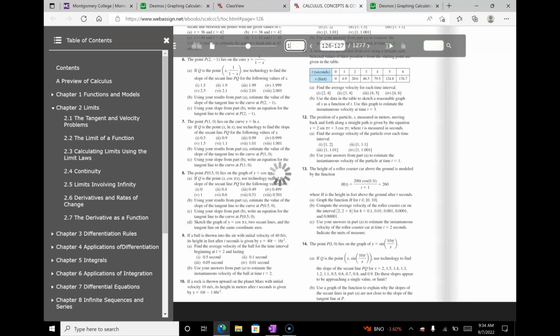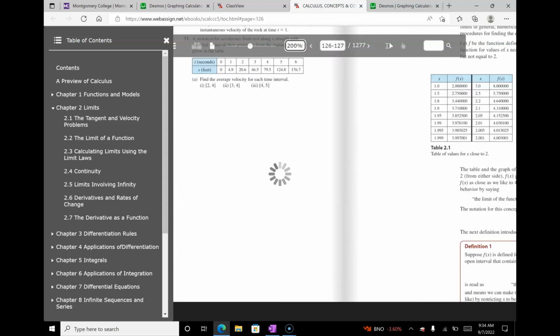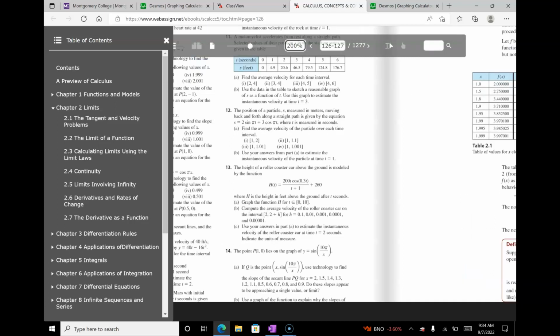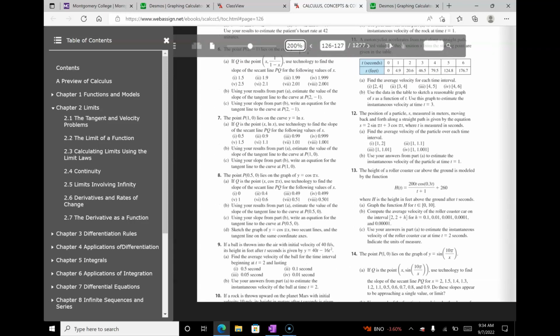Got smaller. 200%. I don't know. Can you see it? Can't slide it. Sorry. Can you see it okay?